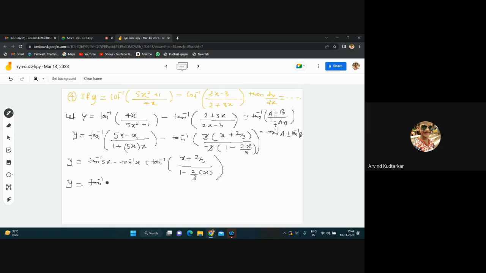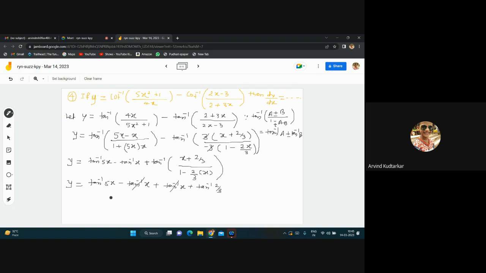So the expansion is tan inverse of 5x minus tan inverse of x plus tan inverse of x plus tan inverse of 2 by 3. So tan inverse of x and tan inverse of x get cancelled because they are the same but have opposite signs. There remain only tan inverse of 5x plus tan inverse of 2 by 3.